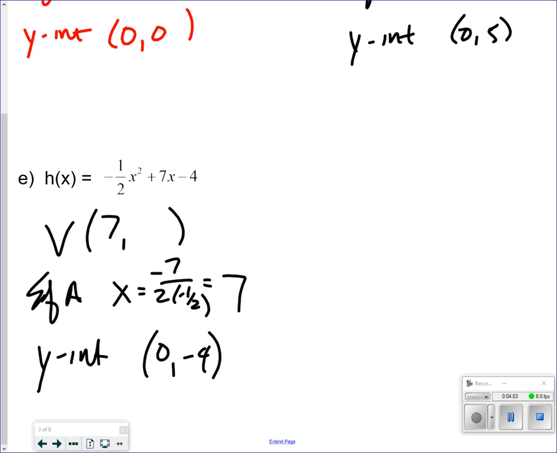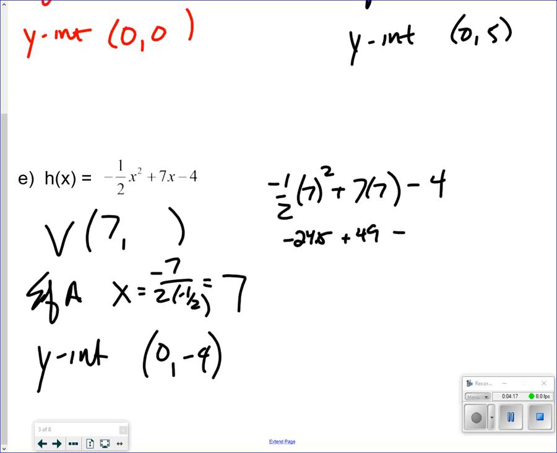Which isn't very nice when you plug this in. It's negative 1/2 times 7 squared plus 7 times 7 minus 4. And so I end up getting negative 24.5 plus 49 minus 4. So positive 24.5 minus 4 is 20.5.